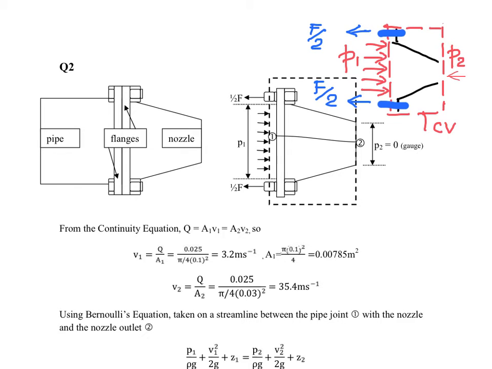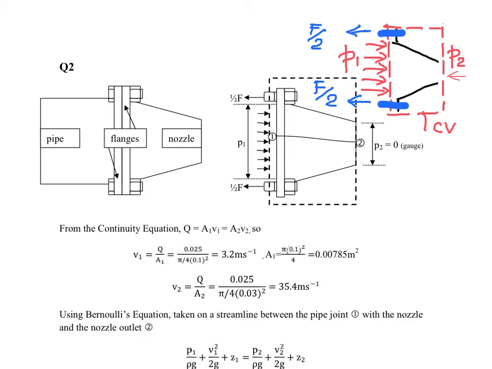What we are required to do now is to find, using a streamline from 1 to 2, the pipe outlet to the nozzle outlet. So the pipe outlet is actually the nozzle inlet to the nozzle outlet. We know the area of the pipe and the inlet to the nozzle. We know the volumetric flow rate.